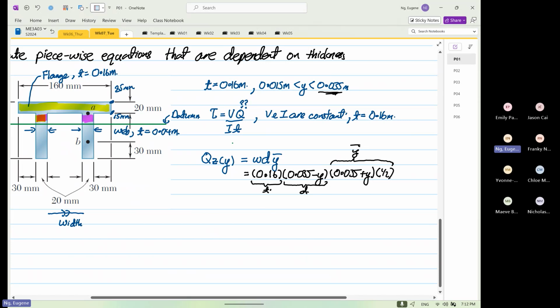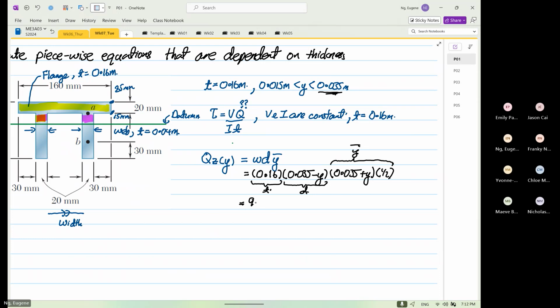So from here, we just now need to get our value. Let me get my calculator. So 0.035 squared times 0.5 times 0.16 is equal to 98 times 10 to the power minus 6, minus 0.16 times 0.5, 0.08 y squared.